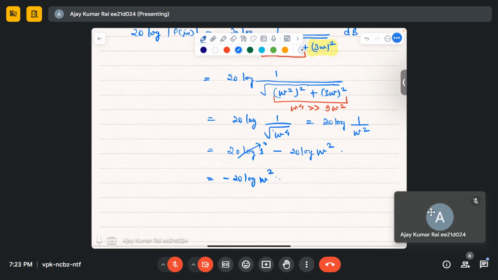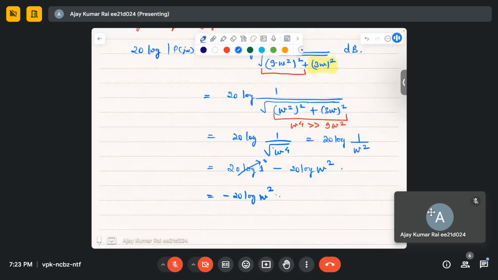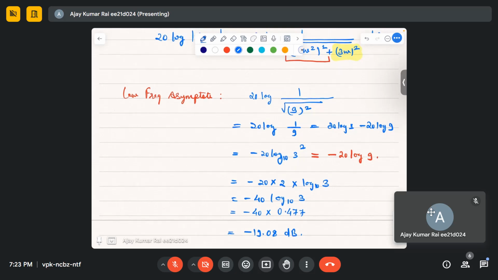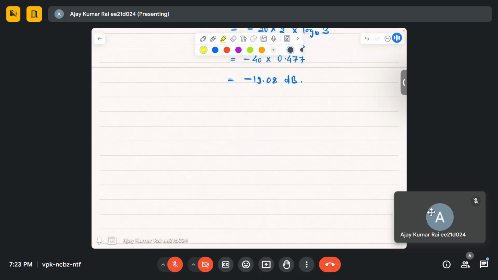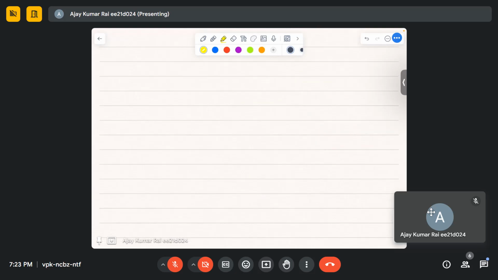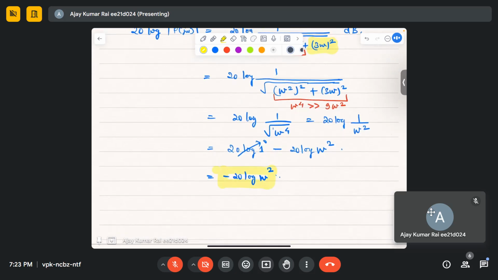So the magnitude at the high frequency asymptote is minus 20 log omega square, and at low frequency the magnitude is minus 20 log of 9, this value. And this is constant, right? At the low frequency range this magnitude is constant, and at higher frequency we got this. We have to find the frequency at which these two become equal.